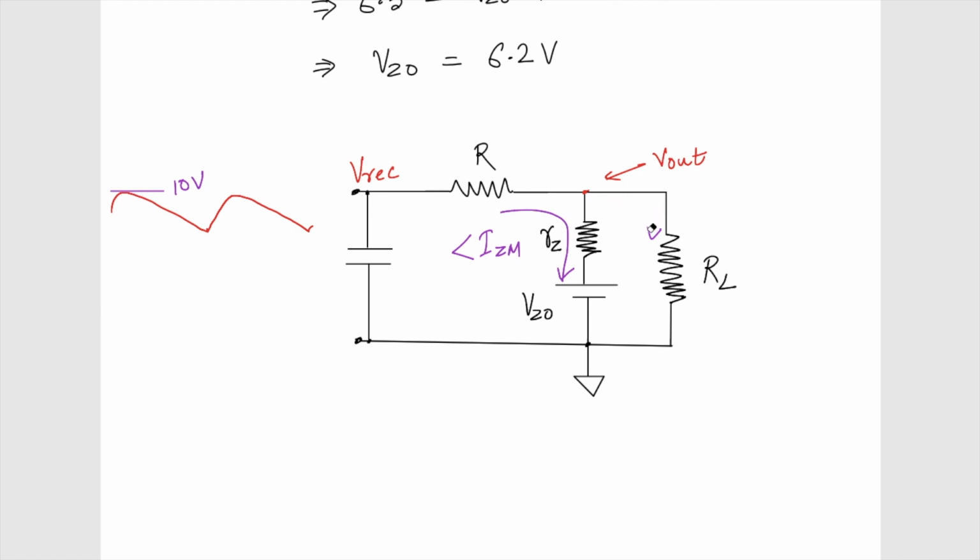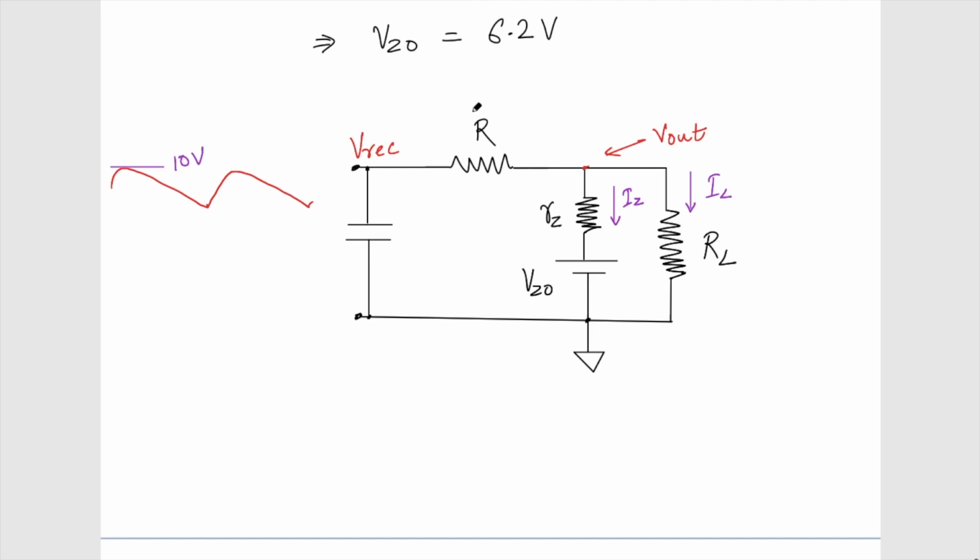So if you call the current flowing through the load IL, and the current flowing through this IZ, then to find the minimum value we should consider that IL is 0, so all the current flows through this Zener diode.